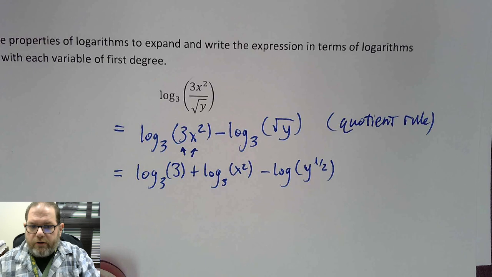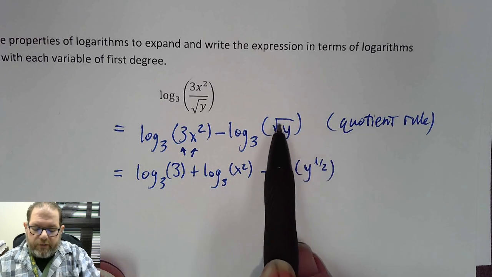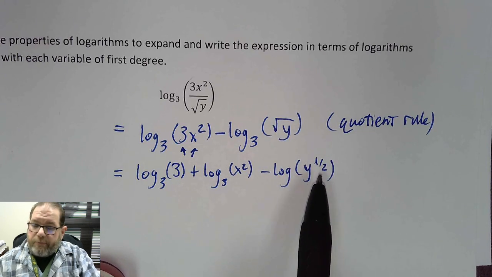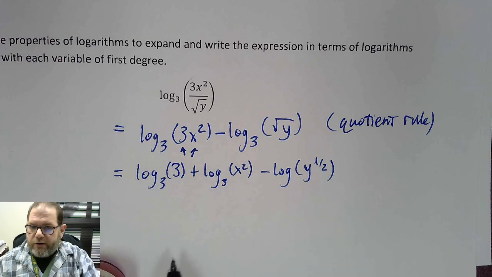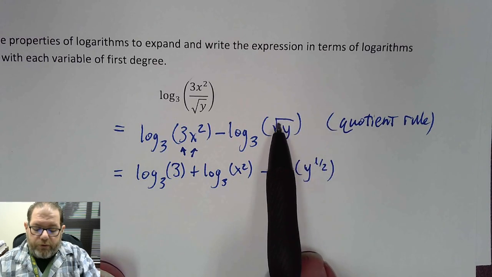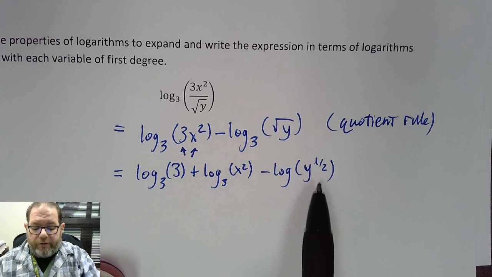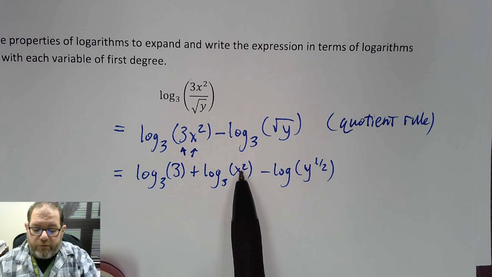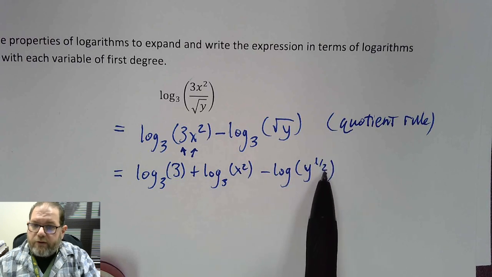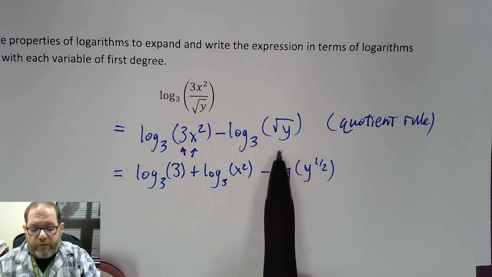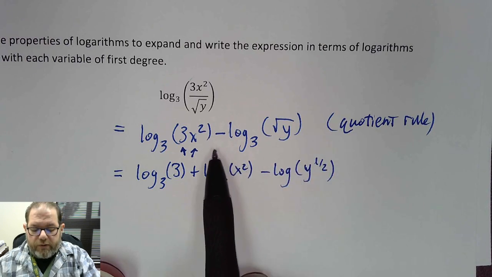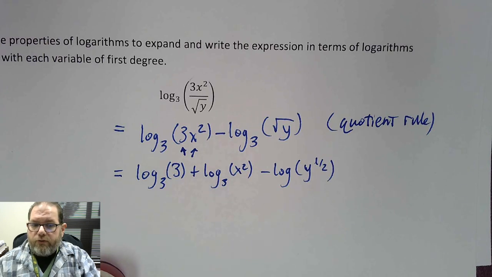And we keep the other log as it is. Now, I did make a slight change here because I know what's going to happen next, and I wanted to save writing down an additional line. But square root of y, it turns out, can be rewritten as y to the 1/2. The reason we would want to do that is in the very next step, if there's any exponents inside of these expressions, we need to factor those exponents out to the front of those logarithms using the power rule.